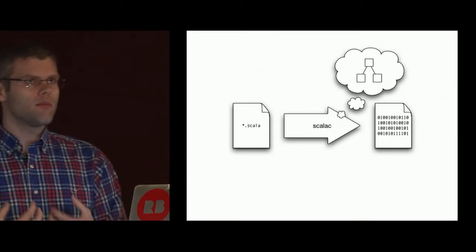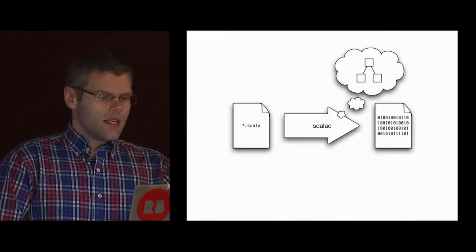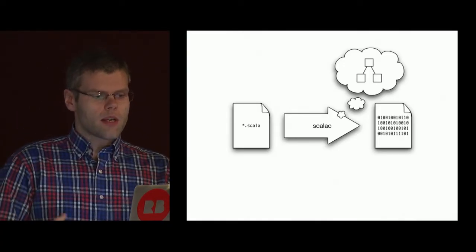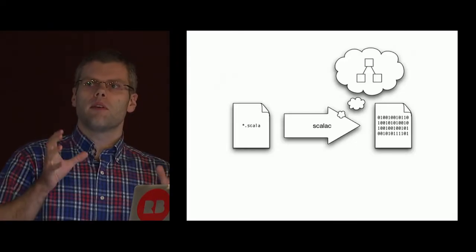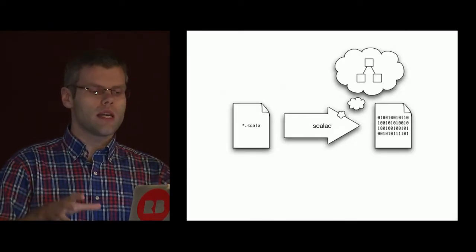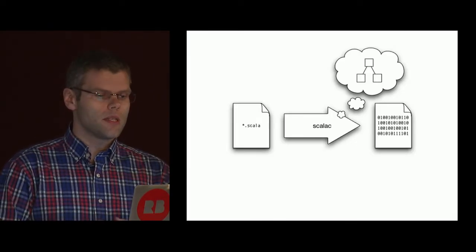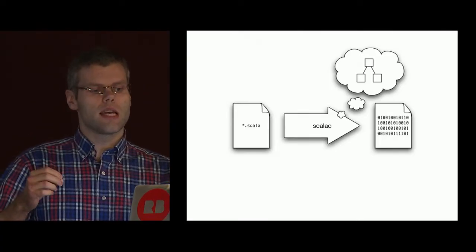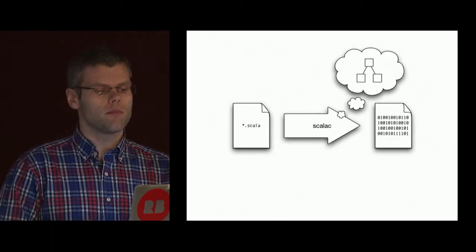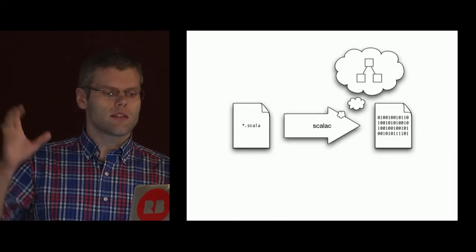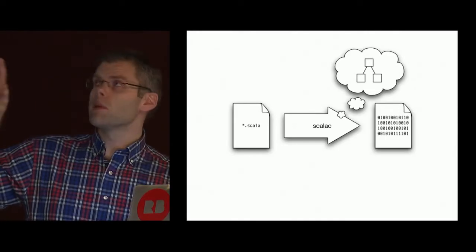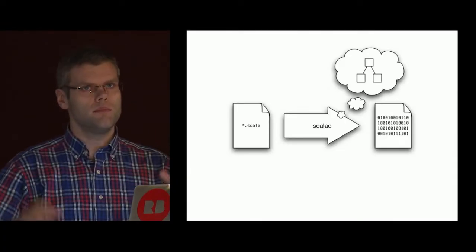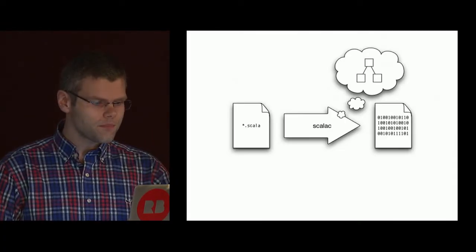For example, the problem of binary compatibility. So binary compatibility comes up because of this kind of problem of having gone to a binary representation too early. So when the Scala compiler generates a binary from a Scala file, it creates this intermediate form, this kind of tree, like the syntax tree of the Scala.